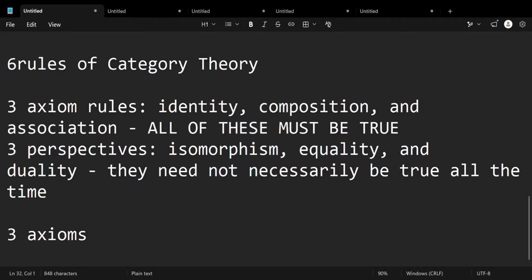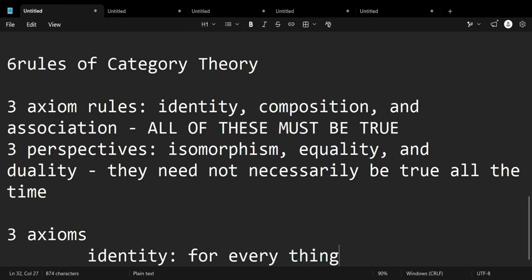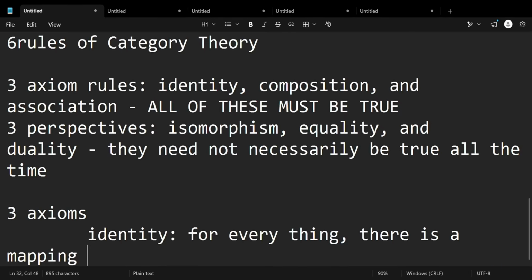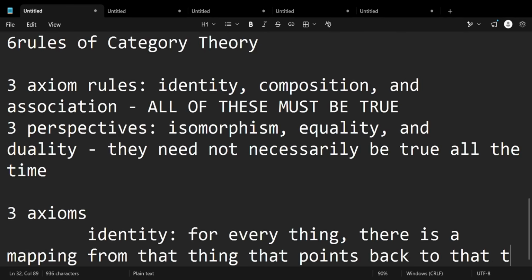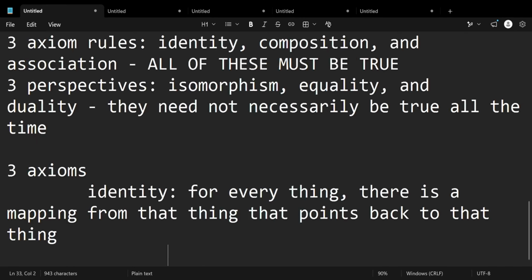We have the identity rule, which states that for every thing, there is a mapping from that thing that points back to that thing. So, for example, let's say we have the object A in a random category.